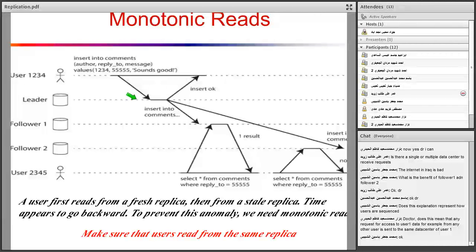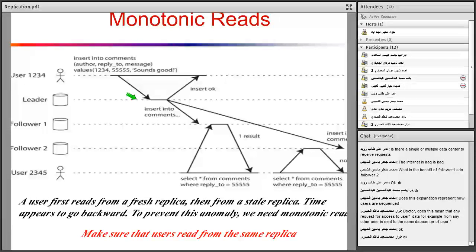When I want my latest information, it's possible that I send an update of my information, and after that I decide to see the latest information of myself.